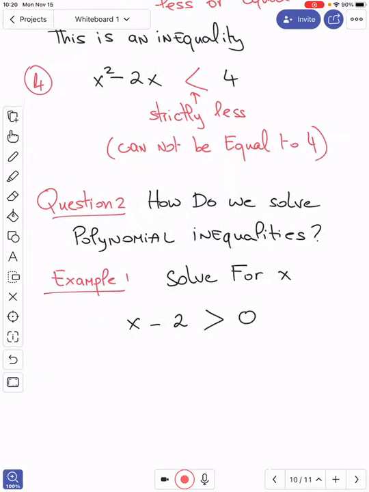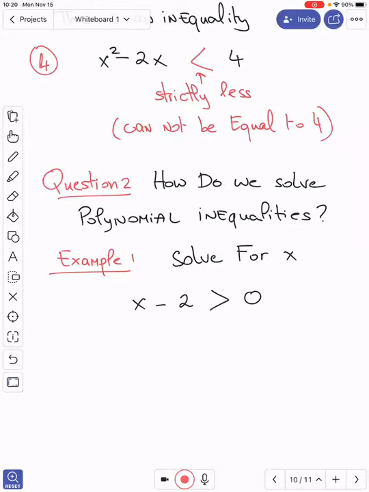So this is an inequality, right? Because x minus 2 is not equal to 0. It's actually larger than 0, right? So it's an inequality. And so what do I mean by solving for x this inequality? Well, we need to find the set of the values of x which satisfy this inequality, right?